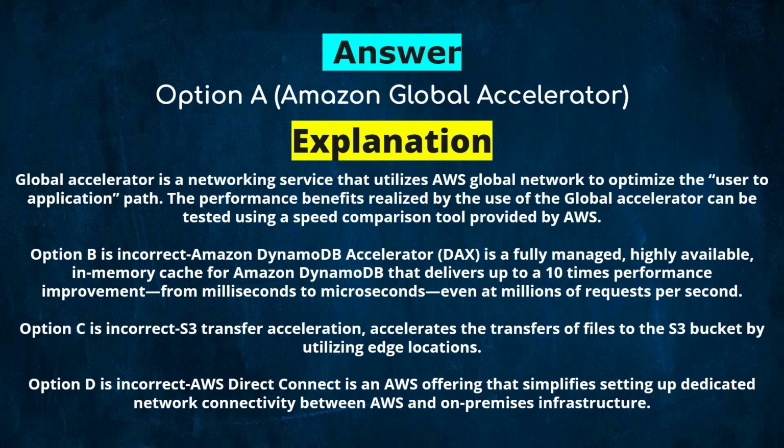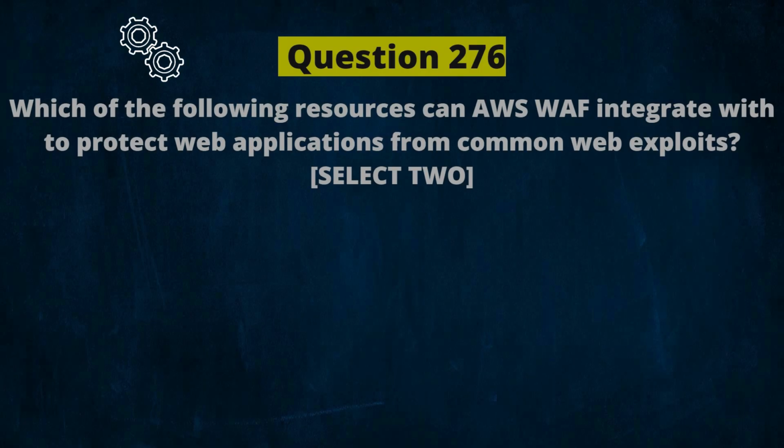Option C is incorrect. S3 Transfer Acceleration accelerates the transfers of files to the S3 bucket by utilizing edge locations. Option D is incorrect. AWS Direct Connect is an AWS offering that simplifies setting up dedicated network connectivity between AWS and on-premises infrastructure.